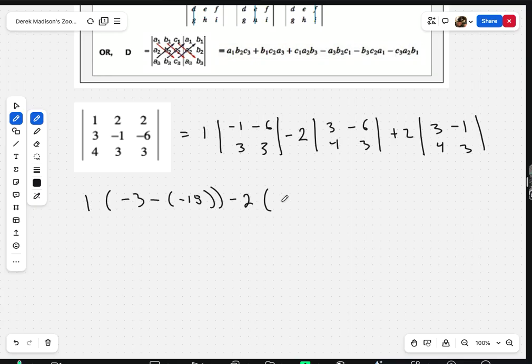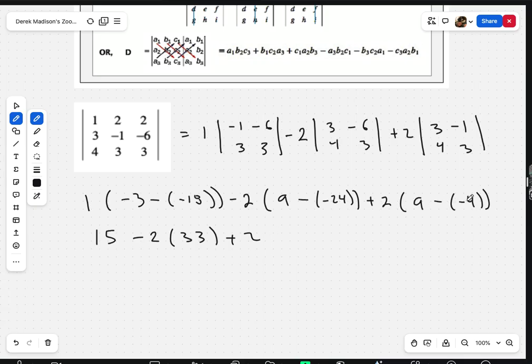And then 3 times 3 would be 9 minus negative 24. And then 2, 3 times 3 would be 9 minus another negative. And cleaning these up, negative 3, that would be plus 18, times 1 would be 15. And then we'll just do minus 2 there for a second and get this put together. So that would be 33.